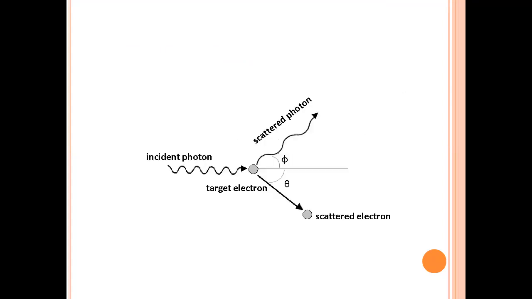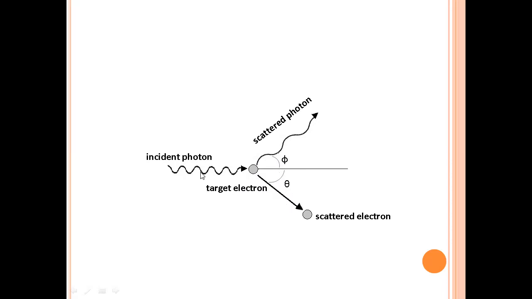In this, you can see on the screen that there is one photon which got incident on a rest electron. Rest electron means which is stationary. When this photon is incident on this rest electron, the photon gets scattered with a scattering angle phi, and the electron got scattered with a recoiling angle theta.